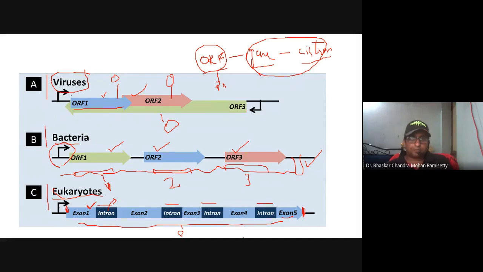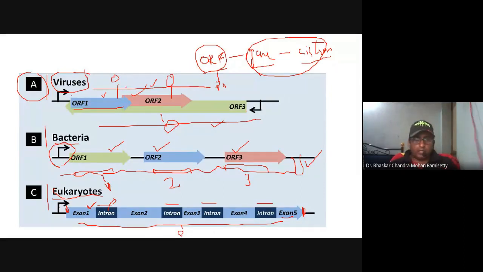In viruses, I would want you to focus on this one again. This promoter will produce one mRNA, and this one will produce another mRNA. These two are not related. This one and this promoter, they're different ones. In this promoter, if this mRNA is what you're taking, it can produce two proteins.